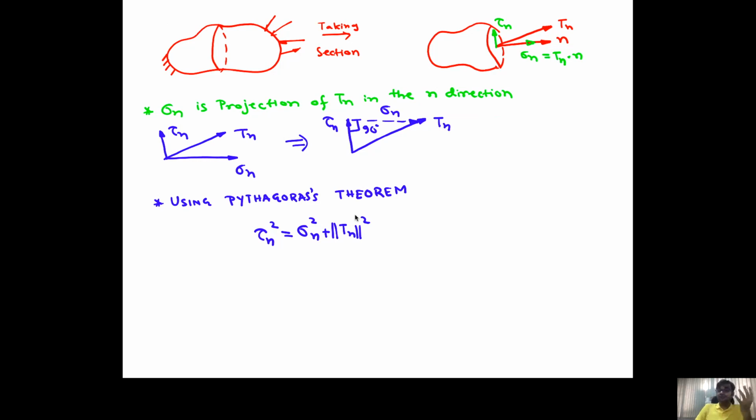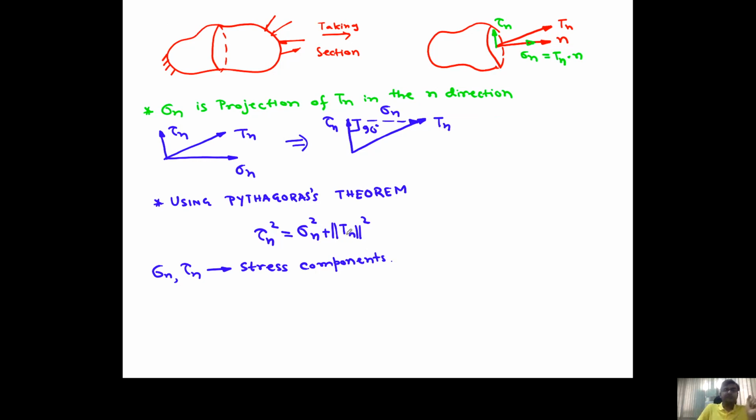Now, you need to be very careful here when you are writing this, because what is sigma n? Sigma n, comma tau n, these are not the stress tensor, these are stress components, right? Or components of the stress. One in the normal direction, the other parallel to the plane.